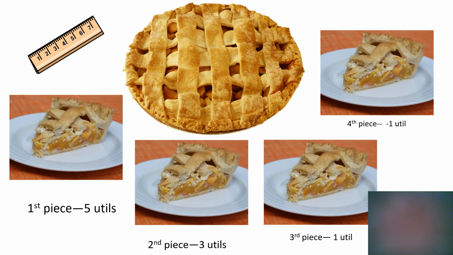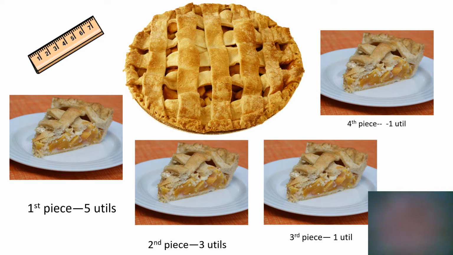If we were still interested in consuming, let's say we consumed a third piece and it gave us even a little bit less, 1 util. And if we were still interested in consuming another piece, maybe that fourth piece, all of a sudden it becomes very uncomfortable for us, and so we might say that that had negative utility.